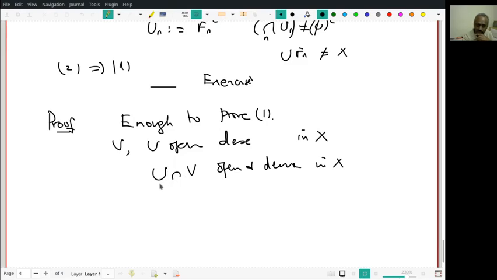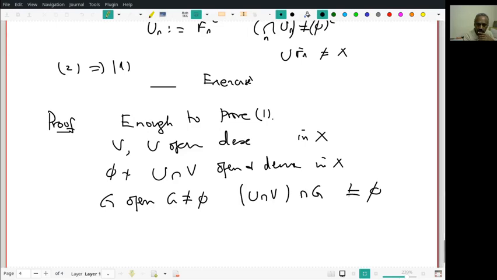Therefore U is dense and V is a non-empty open set, so U intersection V is non-empty. Or the other way around: V is dense and U is a non-empty open set, so the intersection cannot be empty. Now suppose G is any non-empty open set. To prove U intersection V is dense, what do I have to do? I have to take U intersection V and intersect with G, and prove it's not empty. I have to check this.